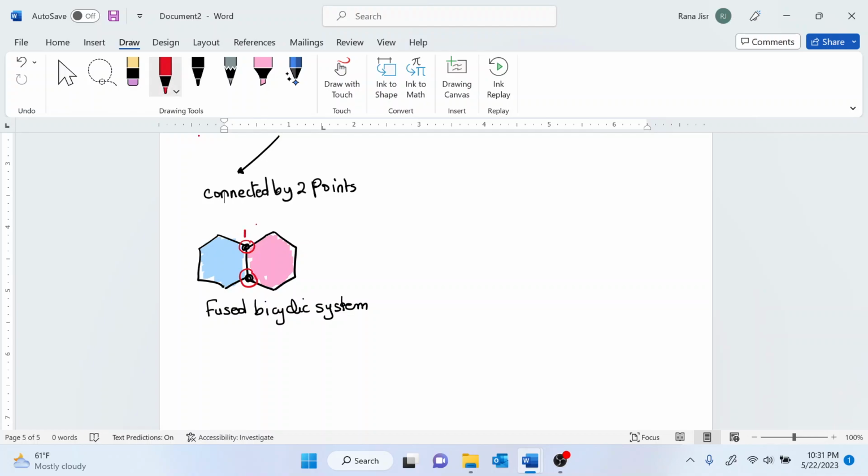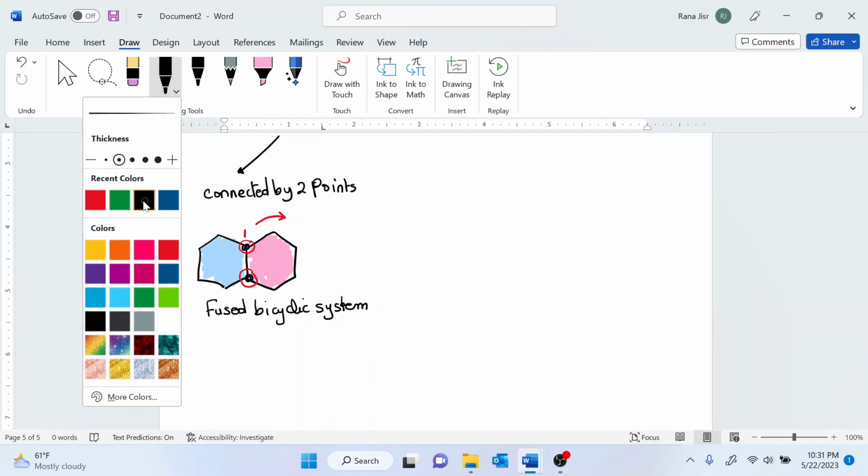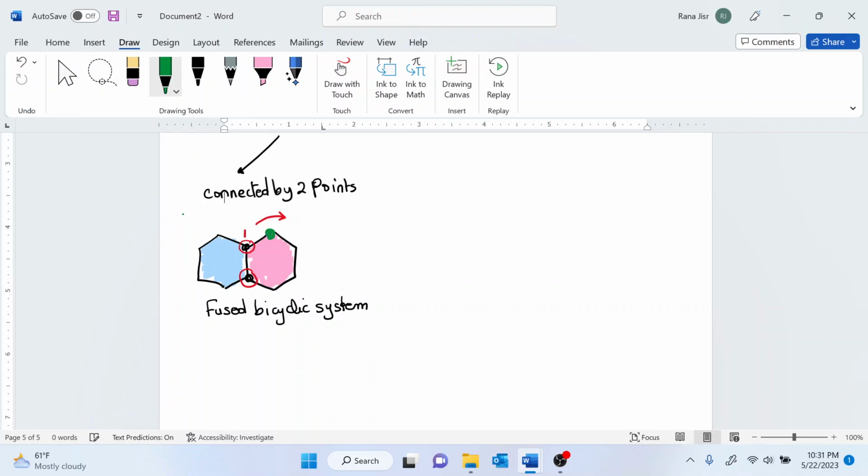And then you're going to move along the side of the cycle that has more carbons. In this case, I have 4 carbons on this side. And on the other side, I have 4 carbons.